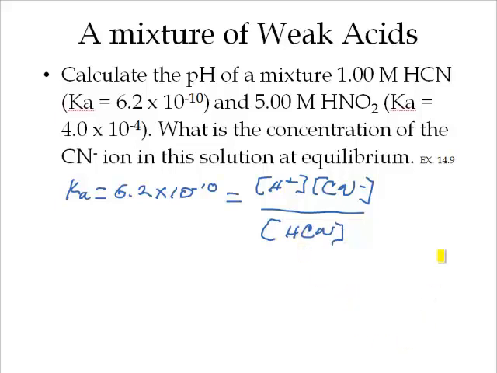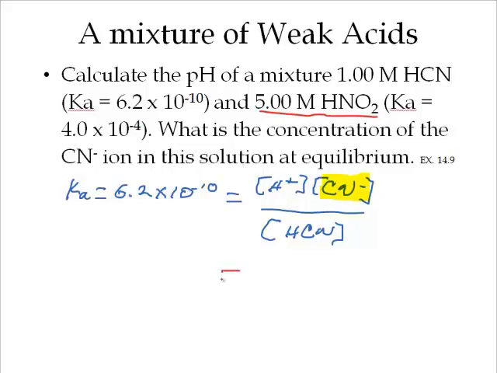Now I've got this written out, and remember, we're trying to find the CN minus concentration. You might normally say, well, it's the same as whatever the H concentration was in the problem before. But remember, that H concentration was from the nitrous acid. So what we've got to do is plug in the numbers that we know.